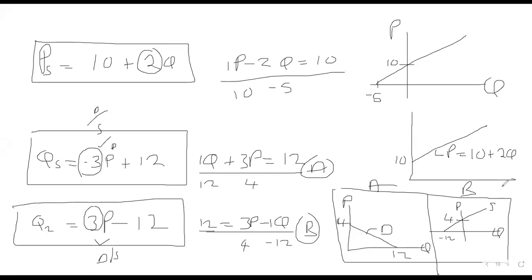So now we want to go to some interesting calculations. Suppose we're given our demand function as P equals 100 minus 3Q, and our supply function is P equals 10 plus 2Q. We're going to equate these.